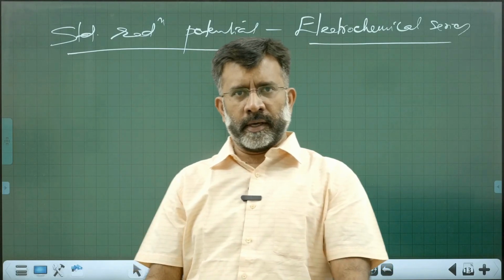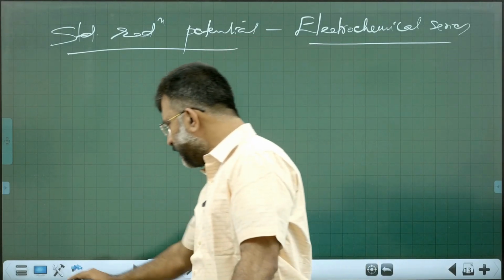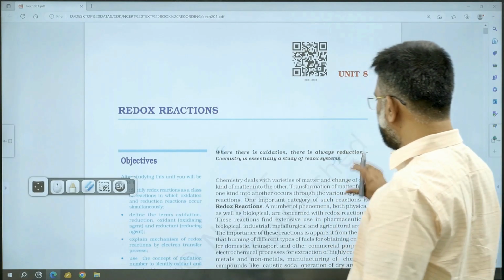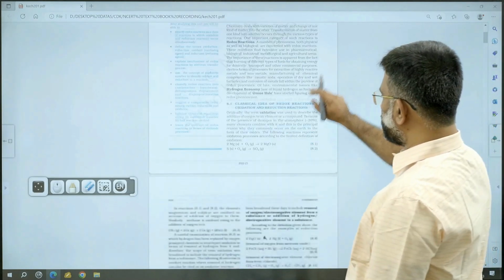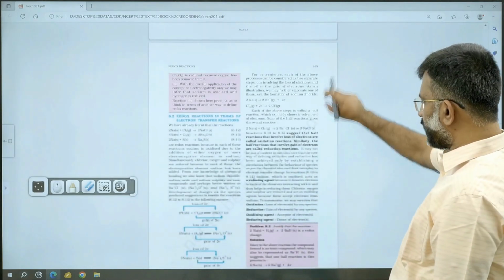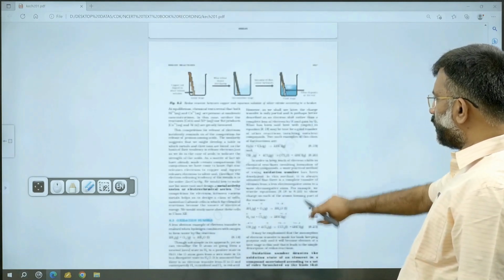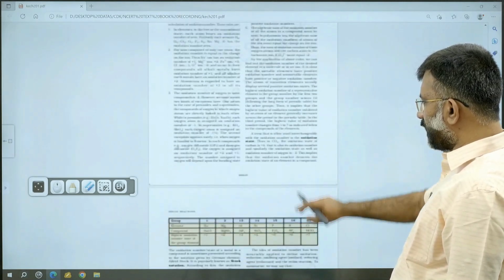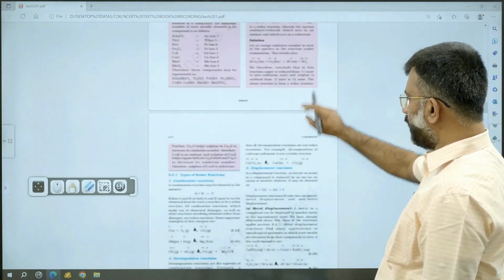If it is available in the NCERT, I can show you. These are the preliminary areas we were going through. You may refer to the textbook thoroughly on this.